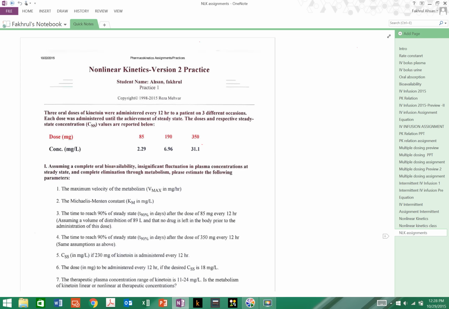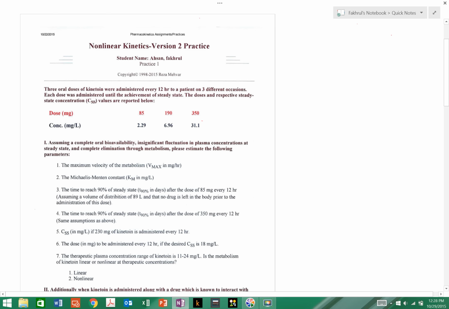Now, as I have mentioned in the class, we have to make a table of R against CSS. So R versus CSS, and R is per 12 hours: 85, 190, 350.